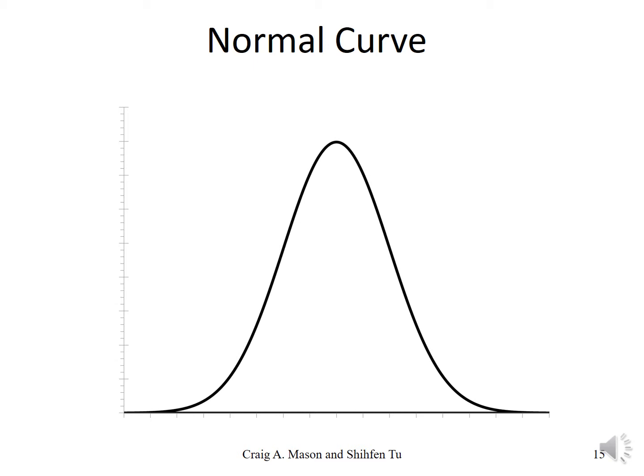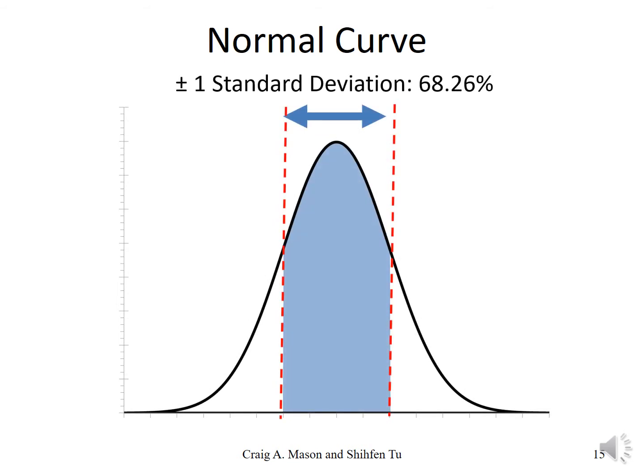What's powerful and valuable about the normal curve is that regardless of what the standard deviation is, the distribution of scores in relation to standard deviations is the same. For example, if the distribution of values for that variable follow the normal curve, 68.26% of the cases will lie within one standard deviation of the mean. We can see it here visually in the shaded blue region. This is the range of scores that are between one standard deviation below the mean and one standard deviation above the mean.